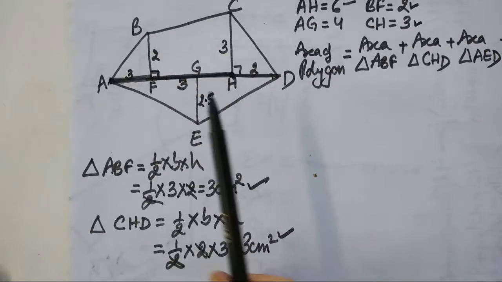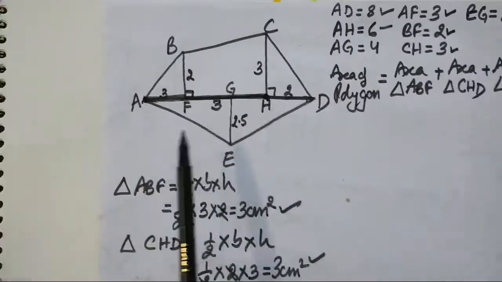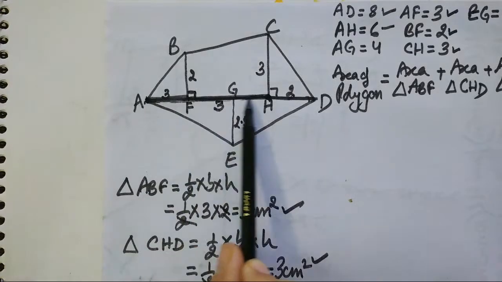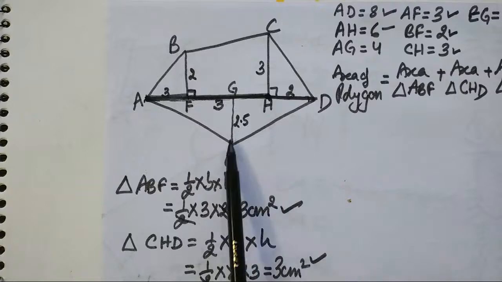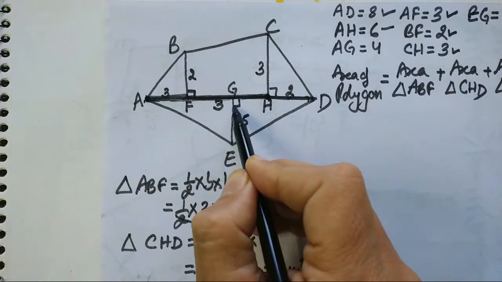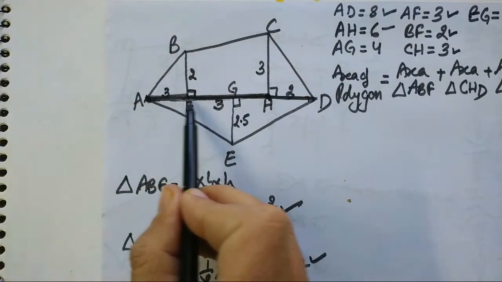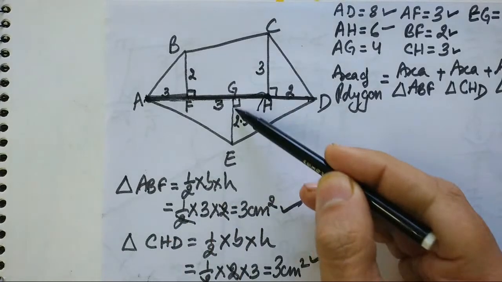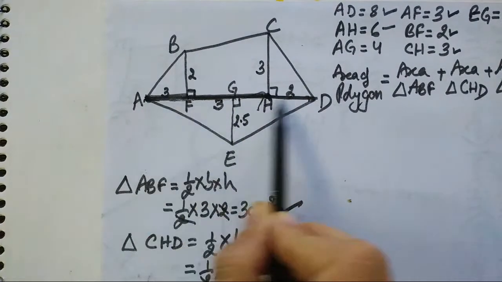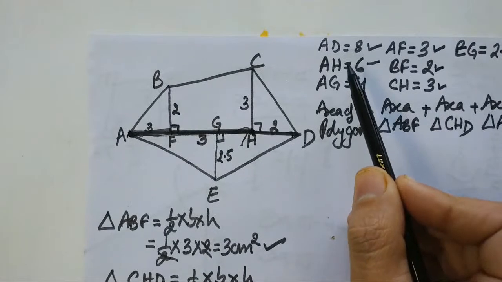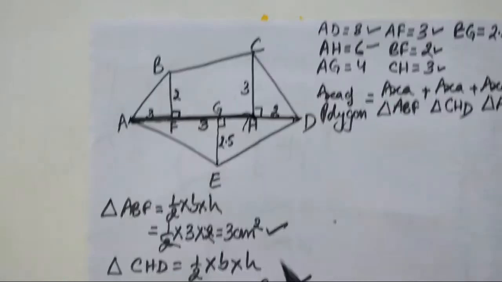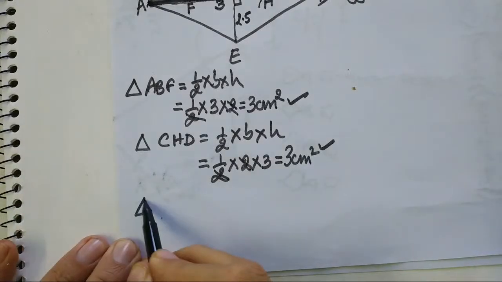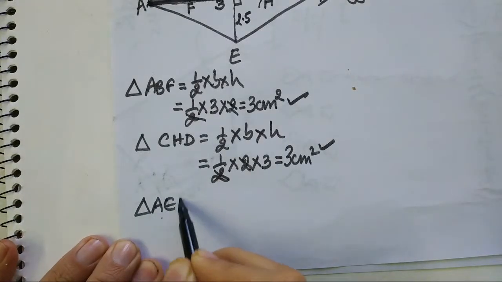Now I will find area of this triangle. In this triangle, this whole length and this are the three sides of the triangle. This is marked as the perpendicular. So this will be the base and this will be the height. The base AD is given in the question as 8 and the height is given 2.5. So I will write triangle AED.